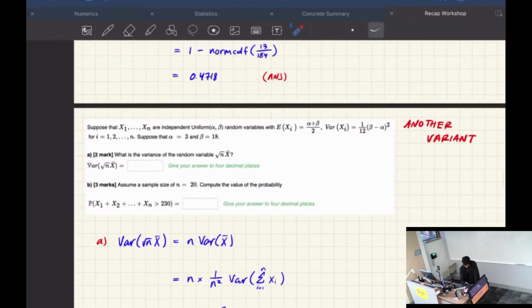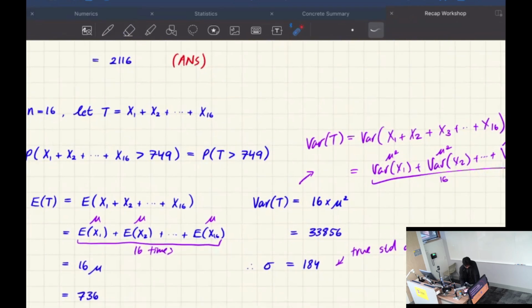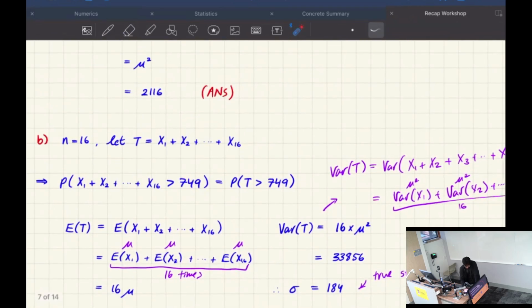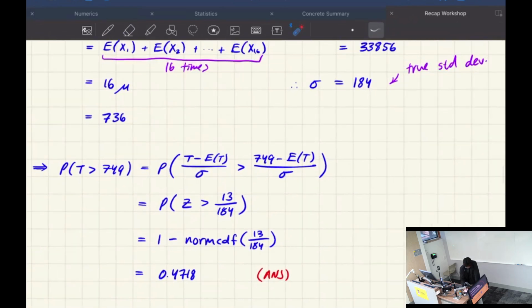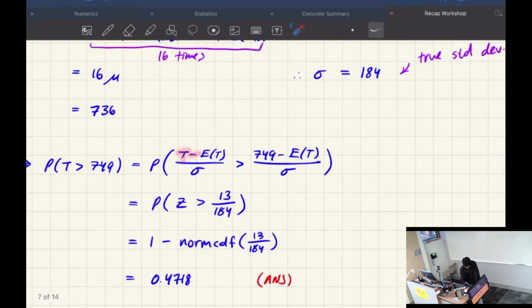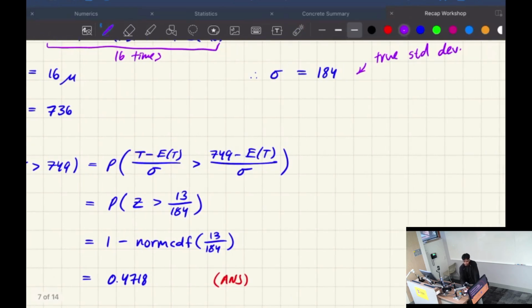Yeah. Okay. So now that we know all of these values, we can actually find the probability. We're going to make it into a standard normal distribution. So over here, t minus the expected value. You guys have the z scores. We're going to use this formula.